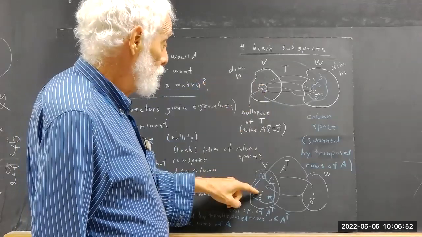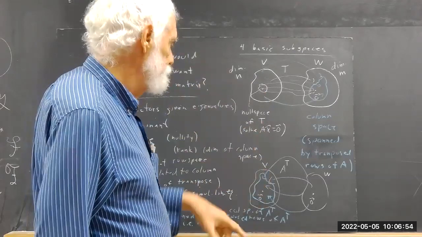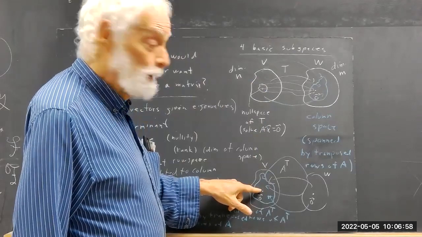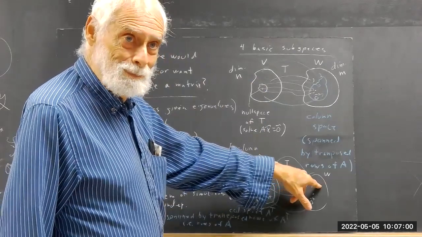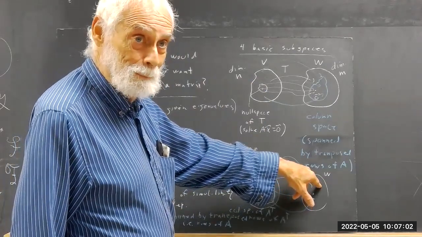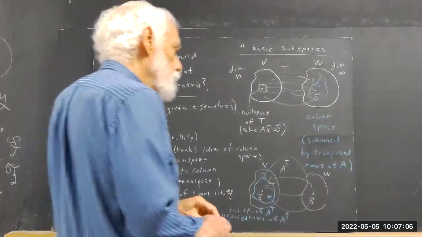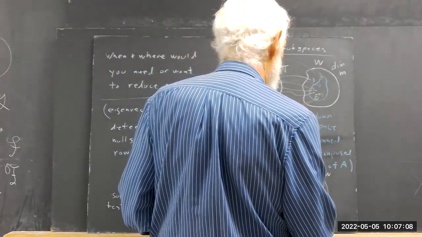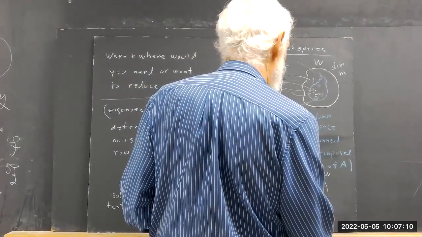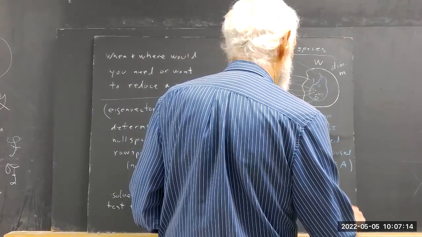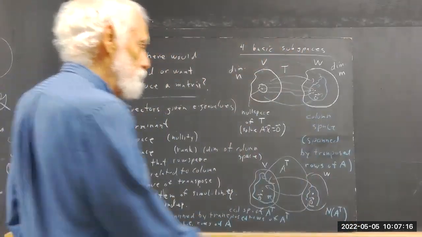Okay, because this is the row space of A, and the row space of A doesn't go to zero, except for the zero vector. So you want to consider that, okay? And then over here, you got the null space of A transpose.